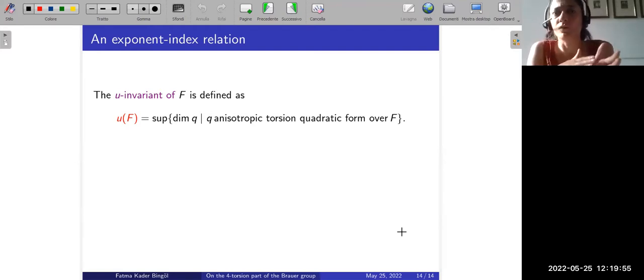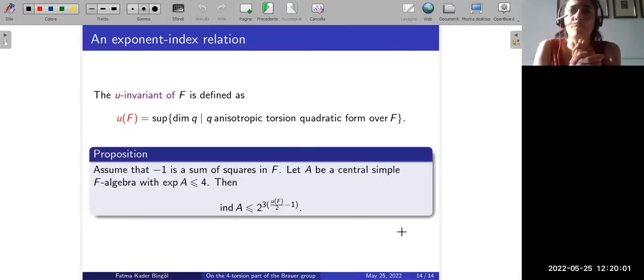Recall that a field is non-real if -1 is a sum of squares. So assume that -1 is a sum of squares in F, and take a central simple F-algebra A such that the exponent is at most 4. Then the index of A is bounded by 2 to the power 3 times the u-invariant of F over 2, minus 1. Okay, so this was all I wanted to tell.